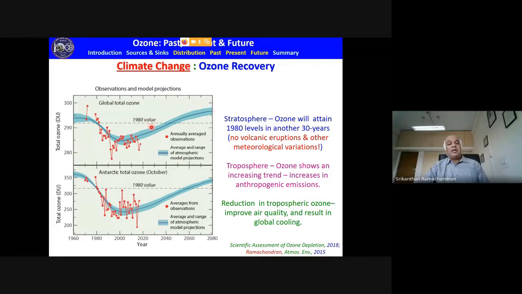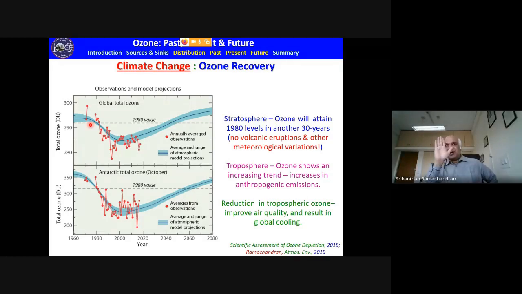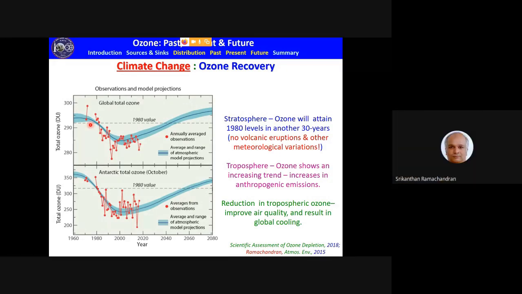If you look at this, 1980 is a kind of a base value with which we started looking at the ozone as a depleting one, because the ozone depletion per se started after the year 1980. The year 1980 holds the place because that is when ozone depletion was not there, was zero. Subsequently, it started. So when will we reach the levels of 1980, for example?